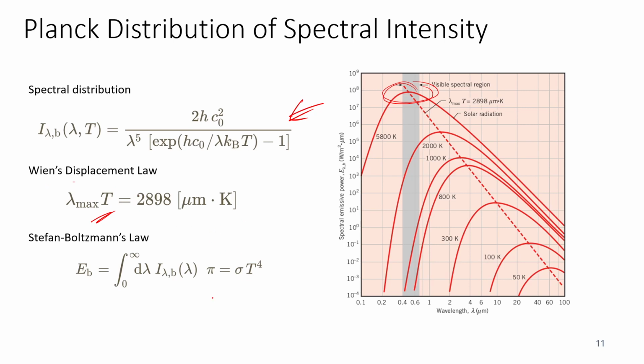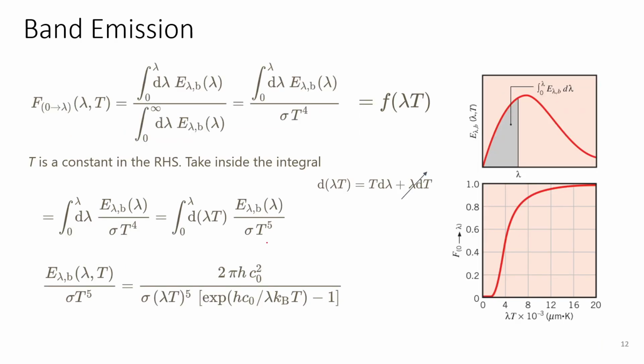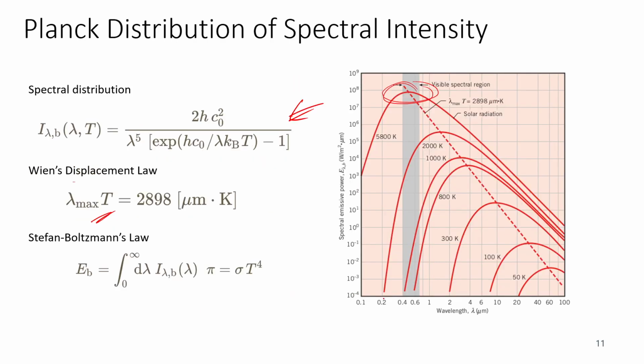Then we can derive the Stefan-Boltzmann law for a black body, which states that the total emissive power is equal to sigma times T raised to 4. Then if we have to find the band emission, that is the fraction of energy emitted until a particular wavelength, for example from 0.1 to 4 micrometer wavelength, we can straight away integrate within this range.